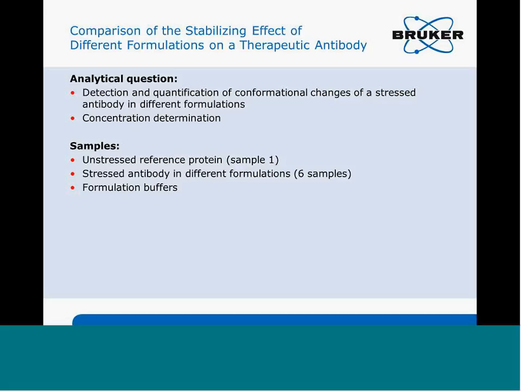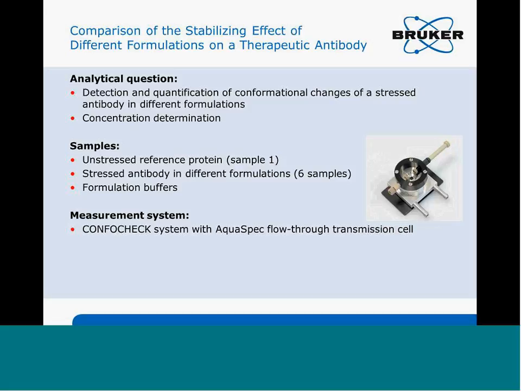So this is an example of how we can use infrared spectroscopy to solve this issue. We prepared a set of several proteins and several formulations of the same protein, applied different stress, and measured all these proteins before and after stress using a transmission cell.